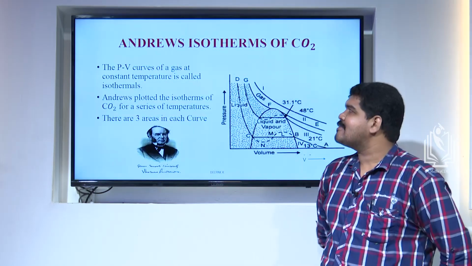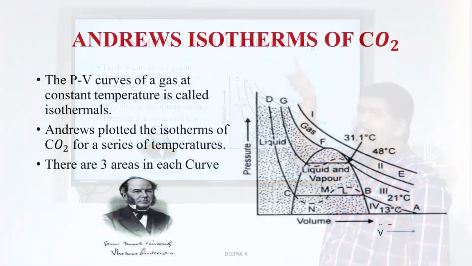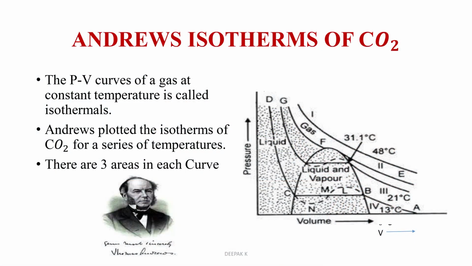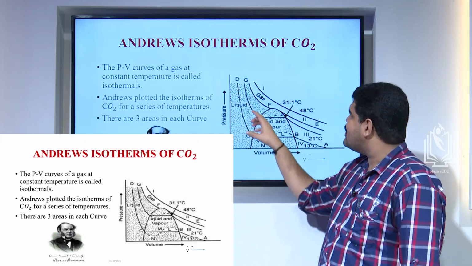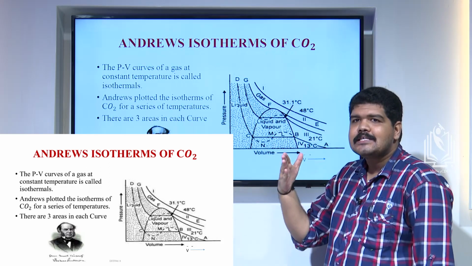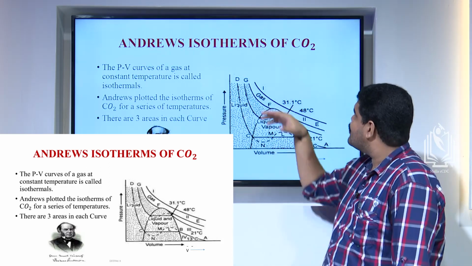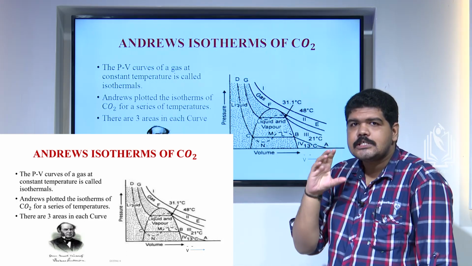This is the experiment done by Andrews on carbon dioxide. He tried to liquefy the carbon dioxide molecule, and look at what he did there. You see a lot of graphs here, and these are pressure-volume curves, or isotherms, of carbon dioxide at different temperatures. Isotherms means the experiment is done at constant temperature.